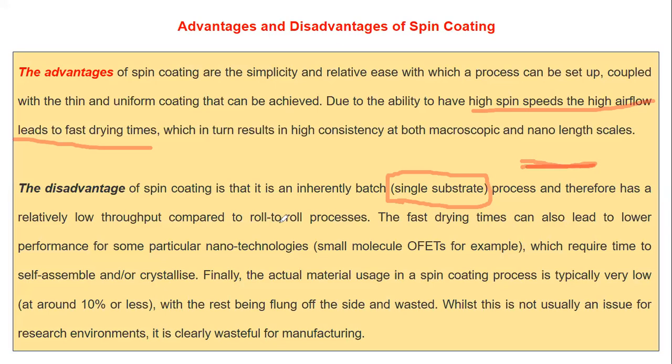So spin coating is inherently a batch or single substrate process, and therefore has a relatively low throughput compared to roll processes. This is one disadvantage up to this point.